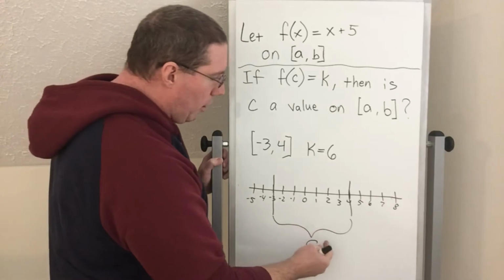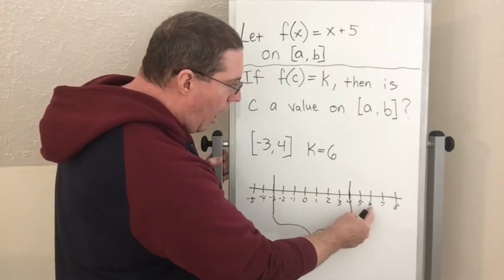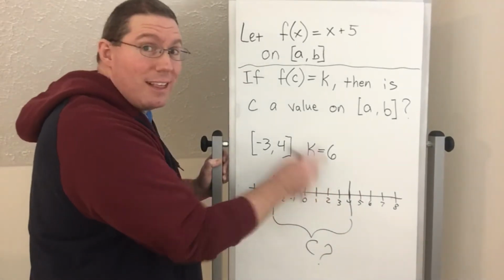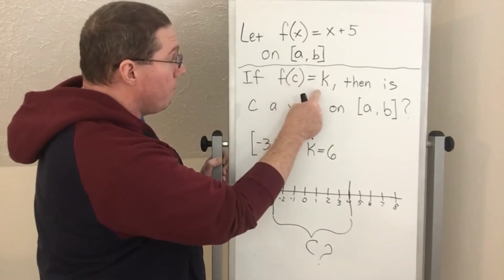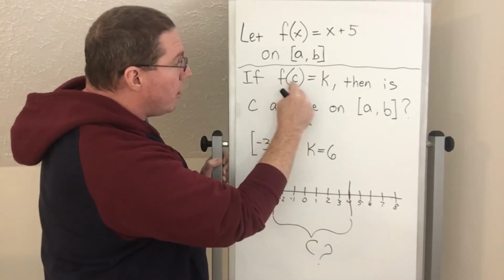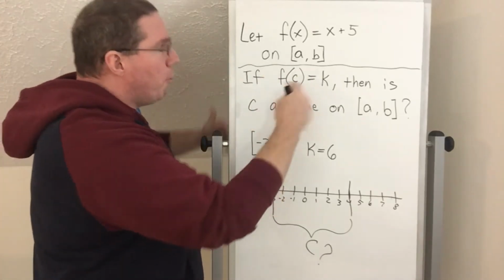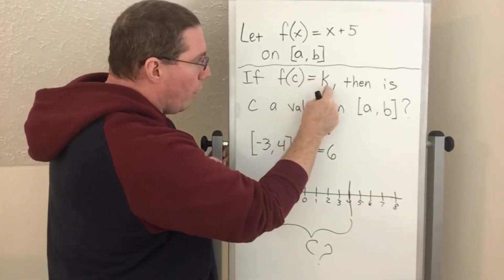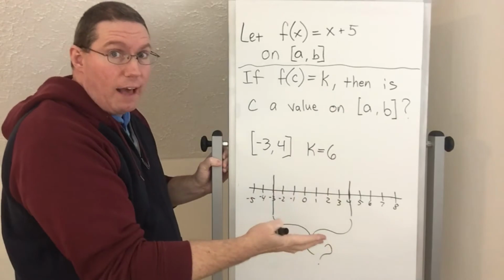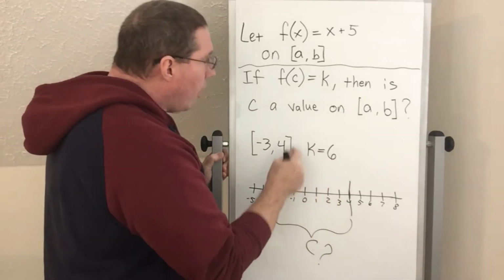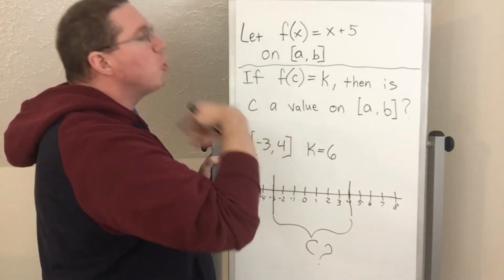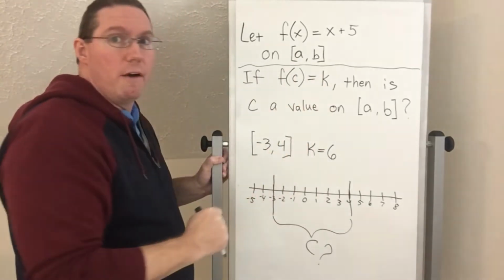Now you may say, well, isn't c 6? No, k is 6. That's the output value. See, look. c is the input into f of x, and that generates an output value equal to whatever k is. So k is an output value. So we want to know, does the value of c produce an output value of 6?